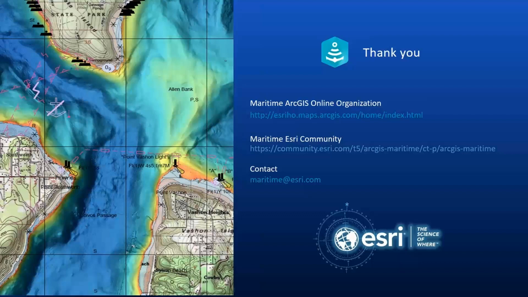Okay, great. Thank you. Next question I see here: NOAA uses some custom S57 attributes in addition to the standard S57 attribute catalog. Can those attributes be added to the Maritime GDB template? Yes. In fact, if you add them to the mapping file that maps attributes in and out of the database, it will map them in and out between S57 and the database as well.